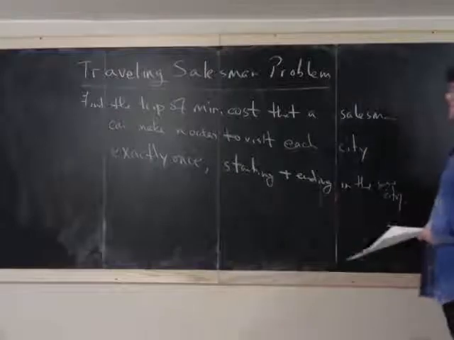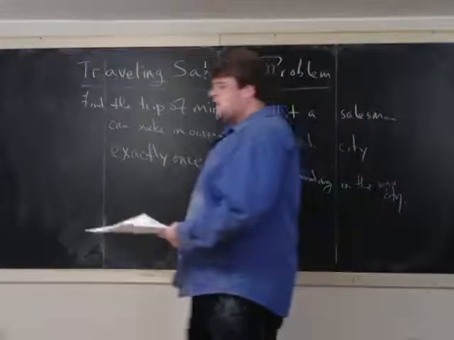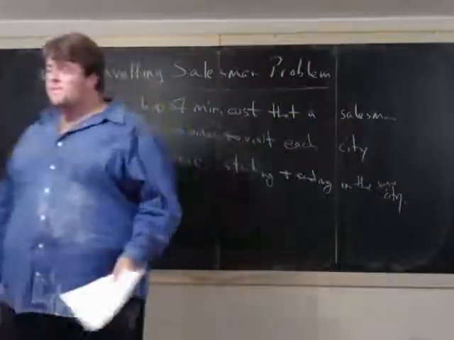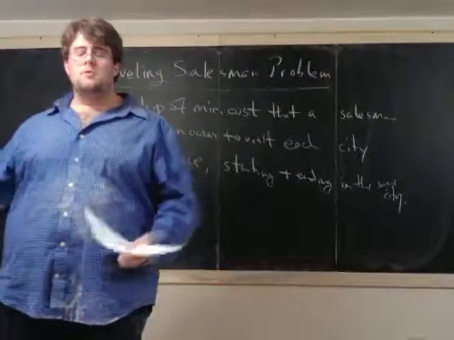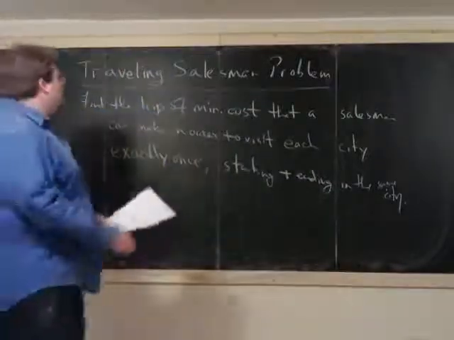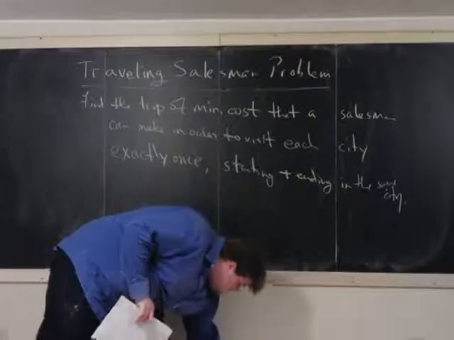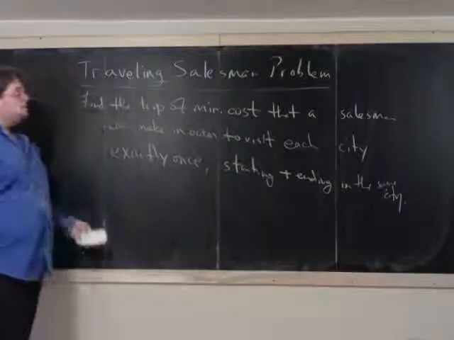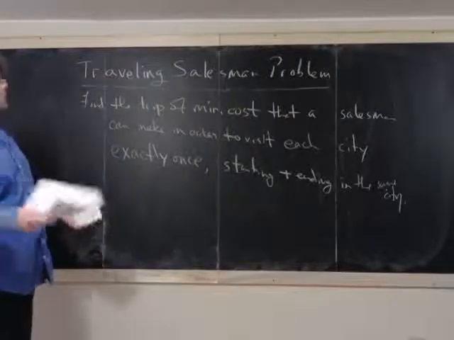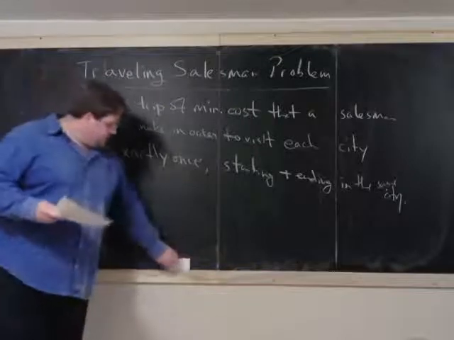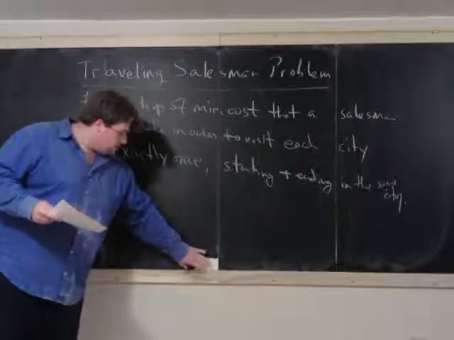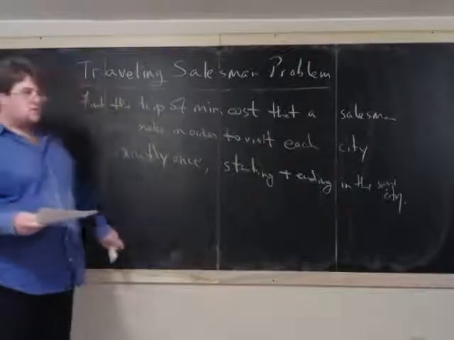So right here, this is just a fancy way of saying, given a graph, find a minimum weight Hamiltonian cycle. Minimum weight means we're trying to minimize the cost. Hamiltonian cycle, we're visiting each city exactly once. And here, well, we already discussed one way of doing this.